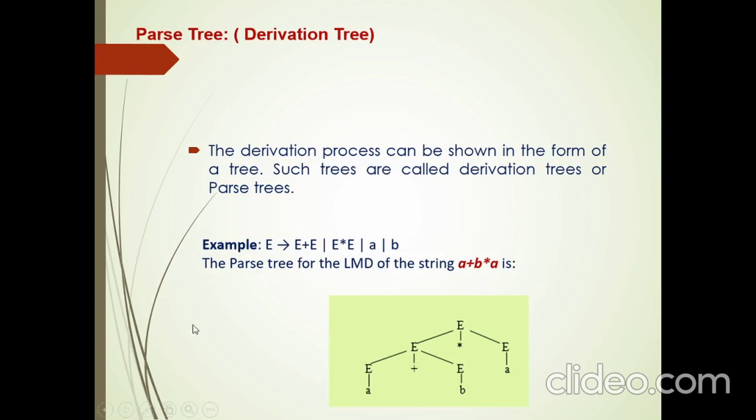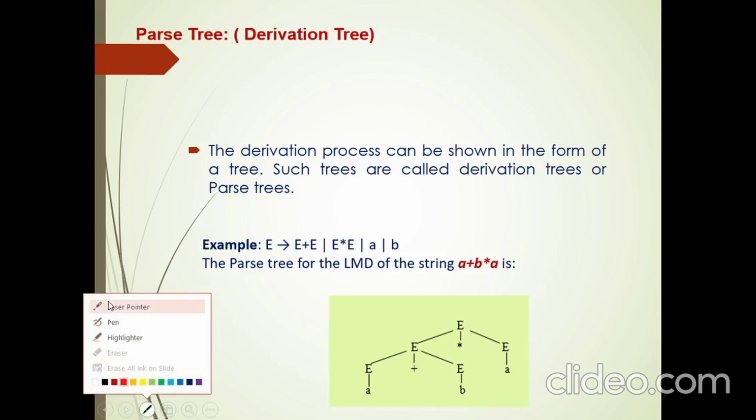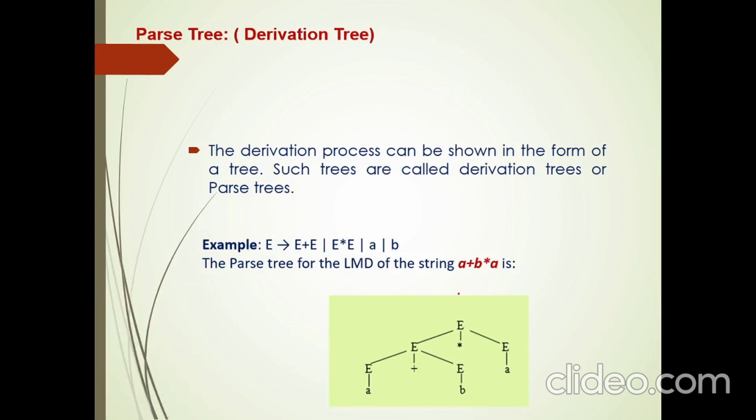So for this, let me write an LMD again for A plus B star A. Then I will explain how to construct this parse tree. So LMD will be E gives E, based on the LMD. Later I will construct a parse tree.